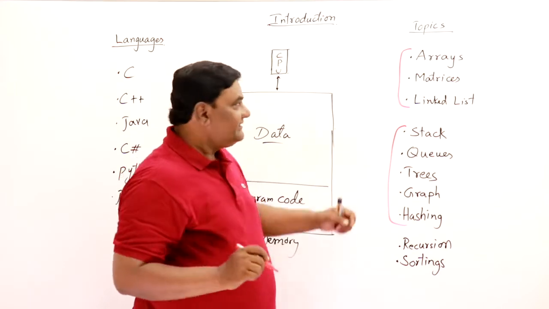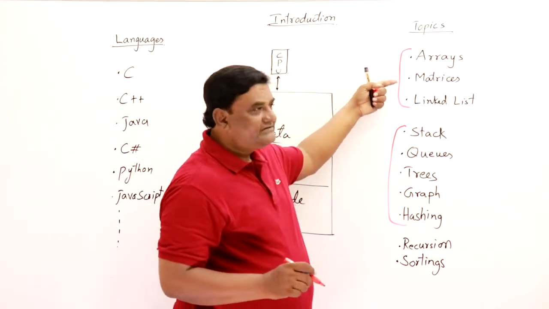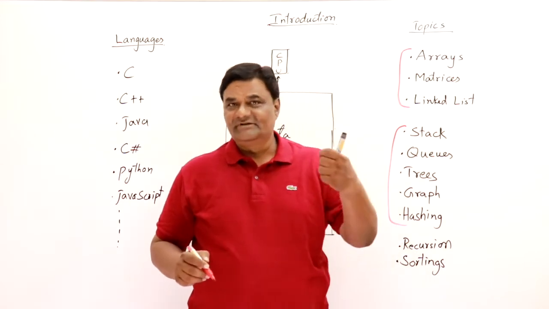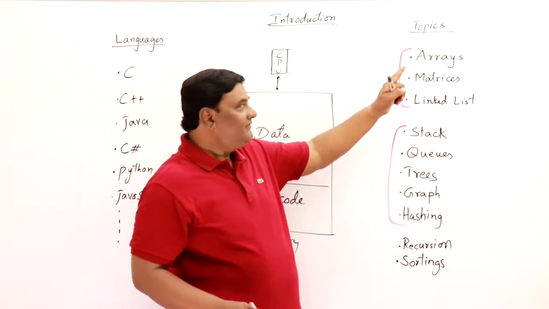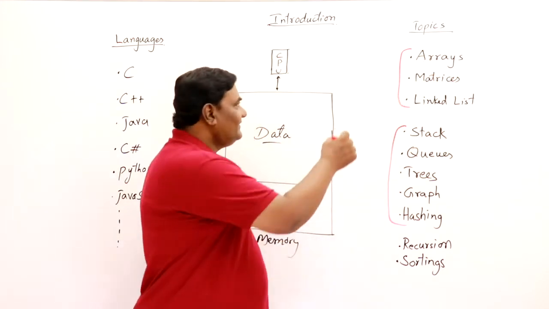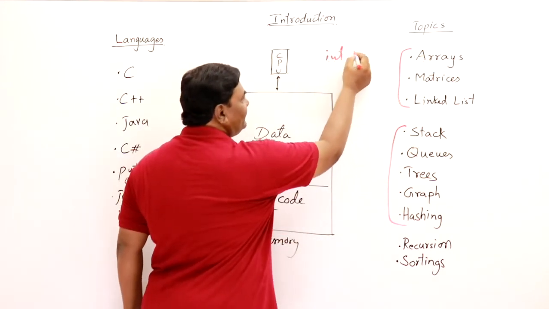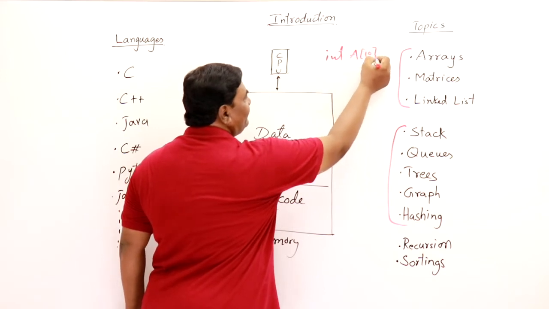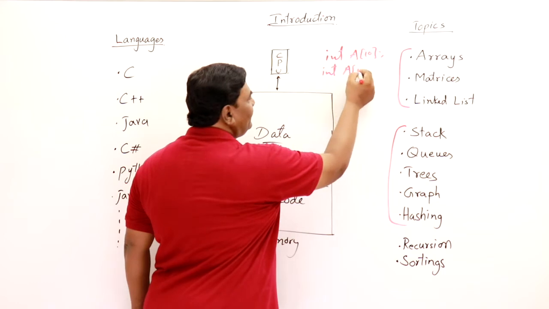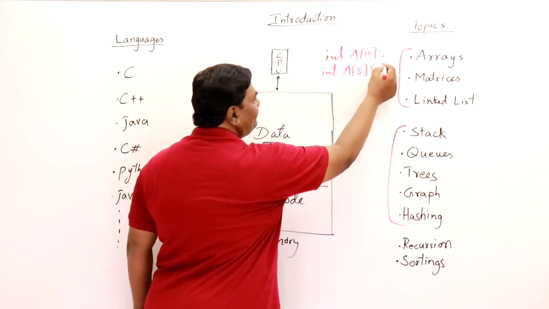If you take physical data structures like array and matrices, these are provided by almost every programming language like C, C++, Java. In every language you have built-in arrays. This is a part of the compiler only. Directly you can declare an array like this and you can start using it. In C language you can declare a single-dimension array like this, or a two-dimensional array of some size for implementing matrices.